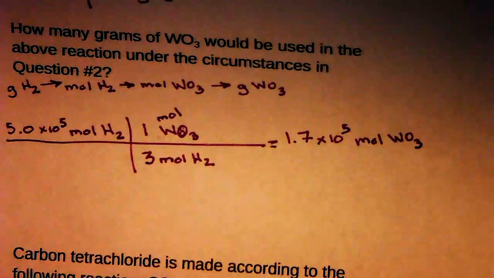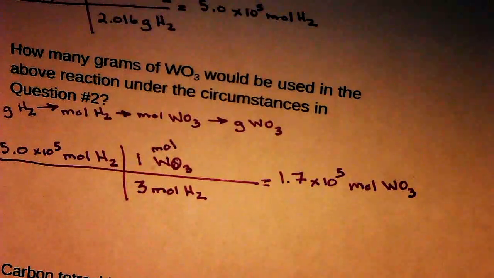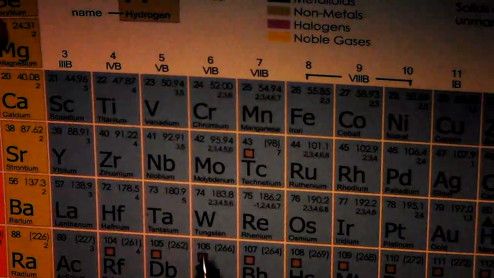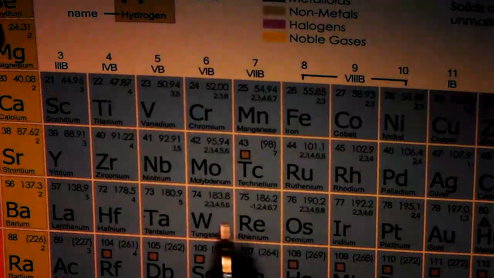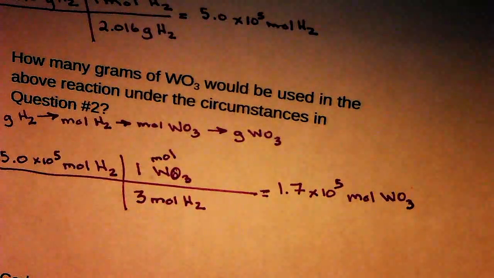Okay, number 2 was nice and easy. We just went to the periodic table and found tungsten right there. In this case, we're not just going to tungsten. We're going to WO3, so we will need to calculate that molecular mass. So we'll have W, which happens to be fresh on the brain, 183.8, and then we have 3 oxygens, 16.00 each.